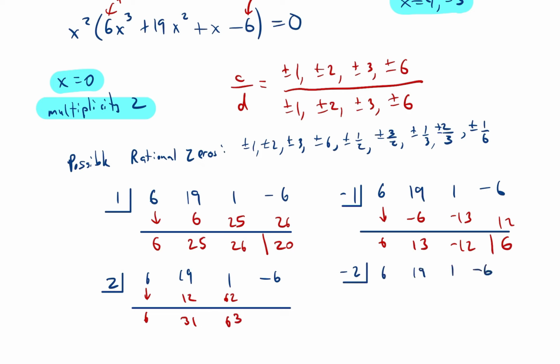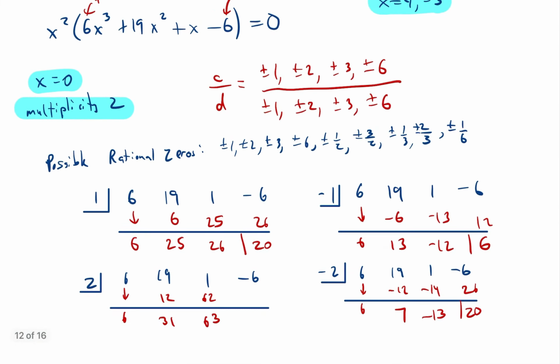Let's try -2. It's going to be 6, that's going to be -12, 7, -14, that's -13, that's going to be 26, that is going to be 20. So we're not having any luck.